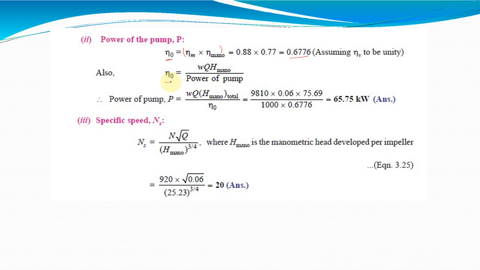The overall efficiency is the power given to the water by the impeller, that is rho g Q H manometric, divided by the shaft power, that is the power of the pump.